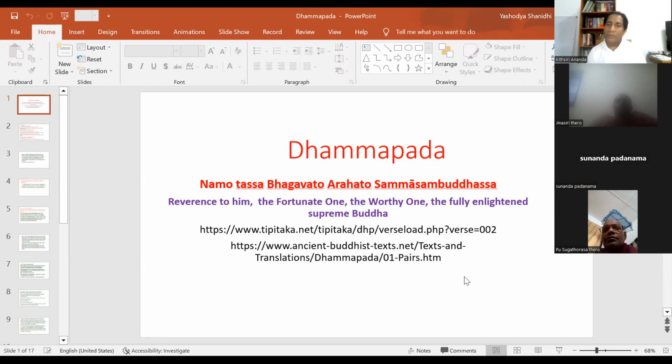Namo tassa bhagavato arahato samma sambuddhassa. The reverence to him, the fortunate one, the worthy one, the fully enlightened Supreme Buddha, I worship. Whatever it may be, we start by saluting the Buddha, respecting the Supreme Enlightened One, by collectively reciting this.